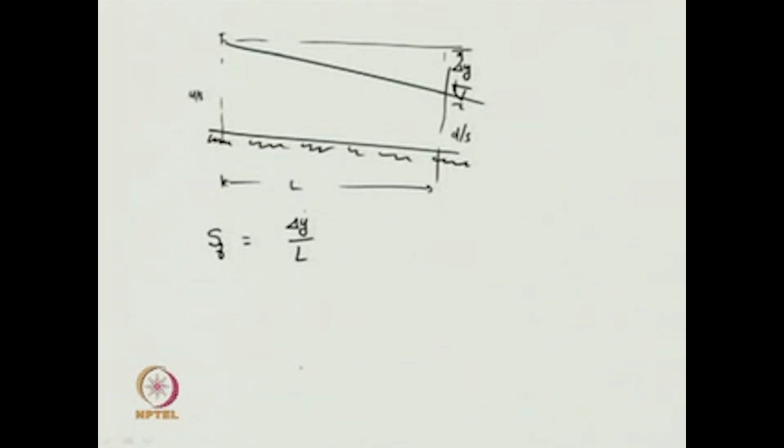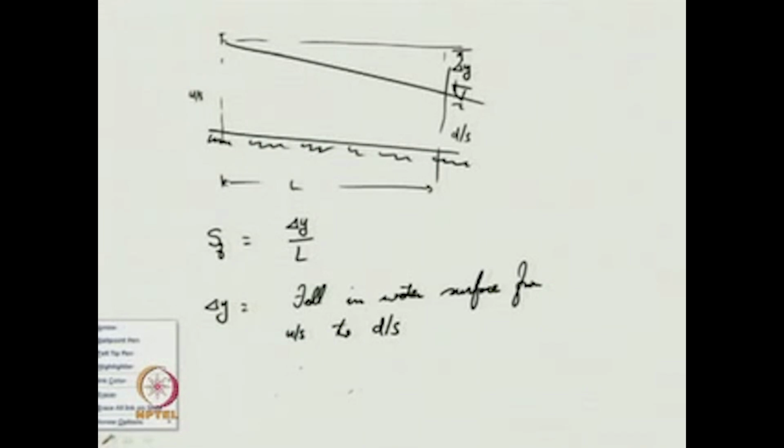Here del y is equal to the fall in water surface from upstream to downstream in the reach. Now, based on this particular value of slope, you can evaluate and give a first approximation for the discharge in the entire channel reach.